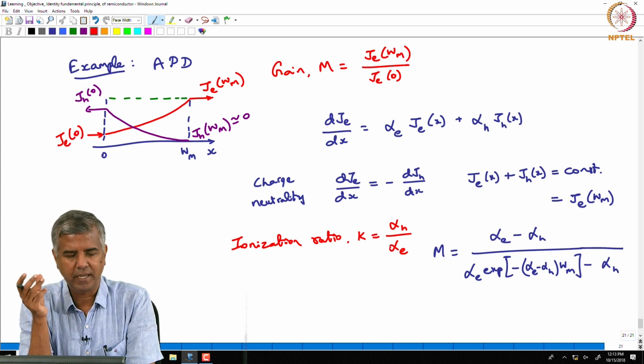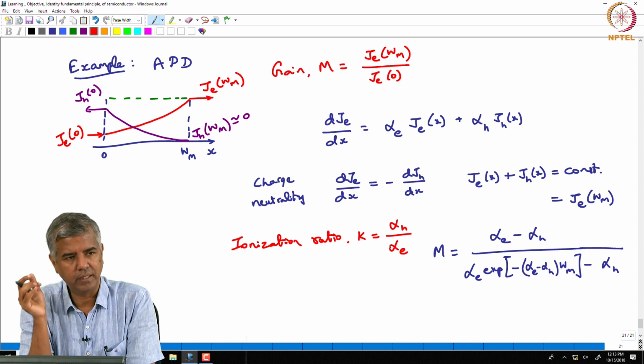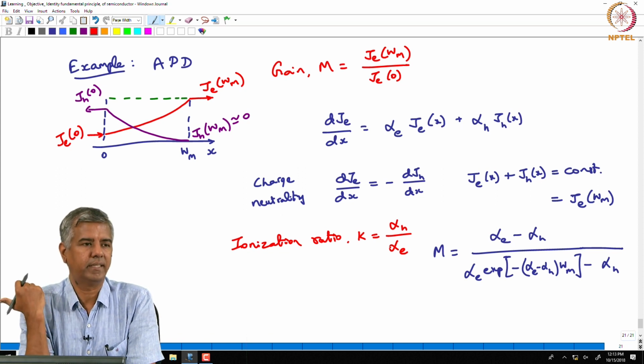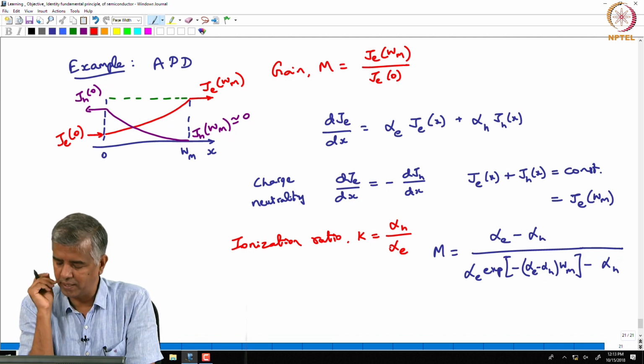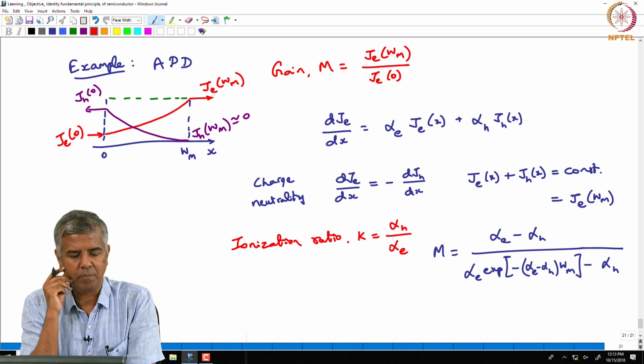Just to give you an idea, k can be greater than 1 in certain materials. Indium phosphide is a very good example, where the impact ionization coefficient for holes is greater than that for electrons.